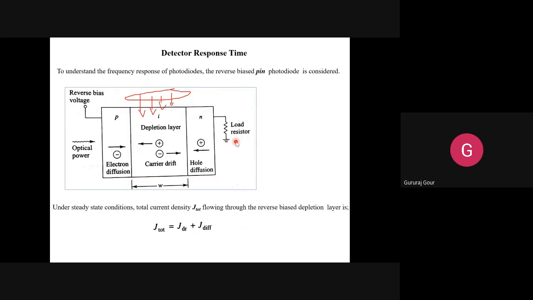This drift current density depends on the absorption factor. If the absorption factor is less, this will also be less. Less number of photons will be absorbed.